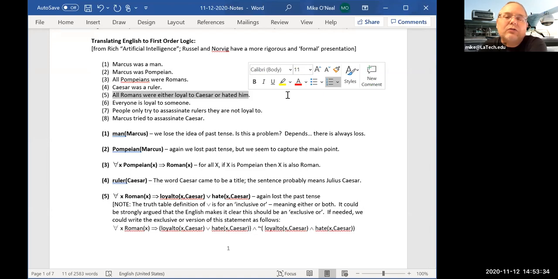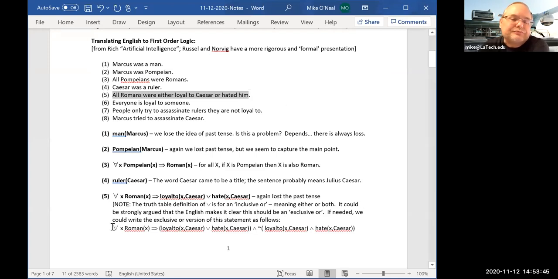You're normally not loyal to someone you hate. So you can either be loyal to Caesar or you can hate him, but probably not both. So one could argue that a better encoding of that idea would be, for all X, Roman X implies X is loyal to Caesar or X hates Caesar, and not that X is loyal to Caesar and X hates Caesar.